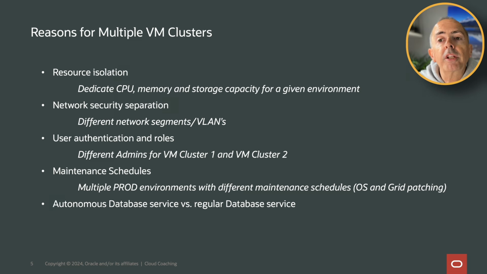And similarly, you can have different administrators for each VM cluster, giving you the ability to have different business units that are separate and isolated and are run and managed by separate teams. Now, you might have workloads that require maintenance schedules to happen at different times, and the use of multiple VM clusters allows this. And finally, you may want to run an autonomous database as well as the regular database service.